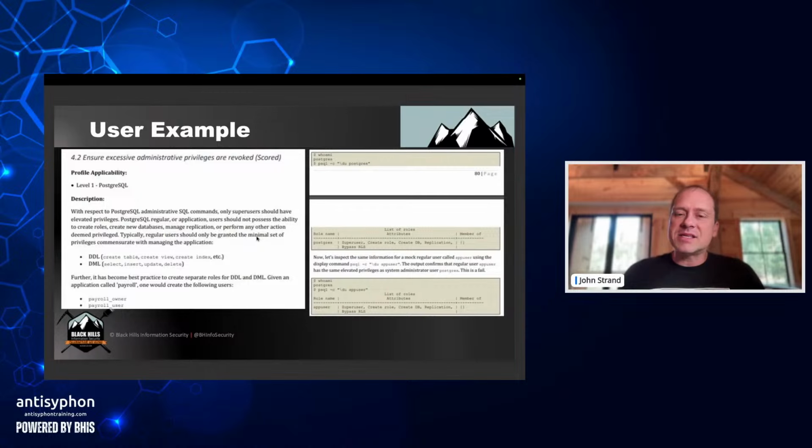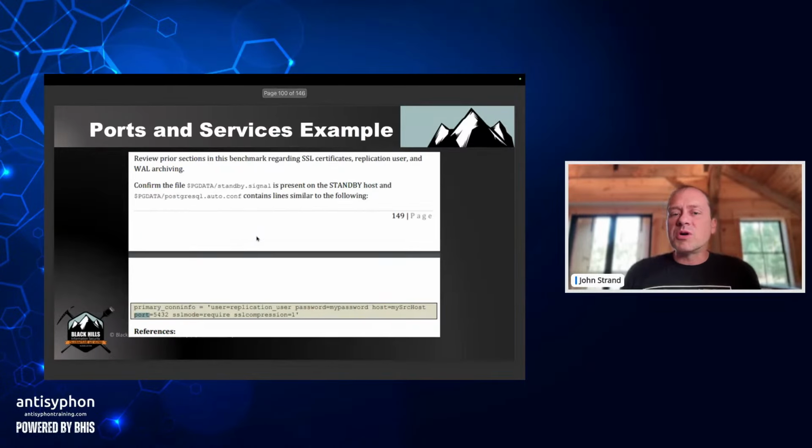And then right below that, it says, now let's inspect the same information for a mock user called app user. You can see this app user is clearly an overprivileged user account, which happens all the time in databases for web servers, right? Ports and services. I can find out that it can use SSL when someone connects to it. And the default port is 5432.